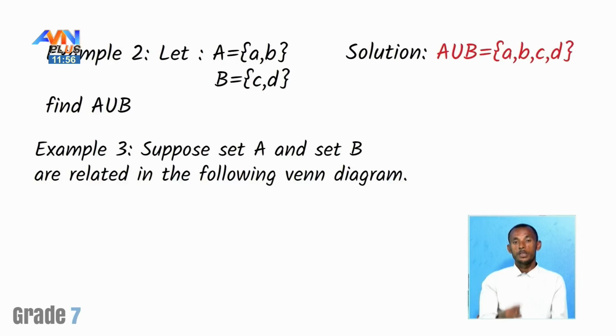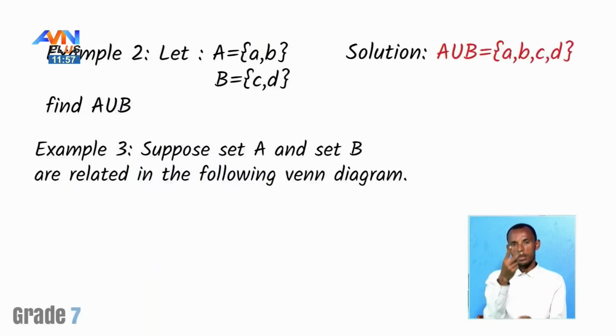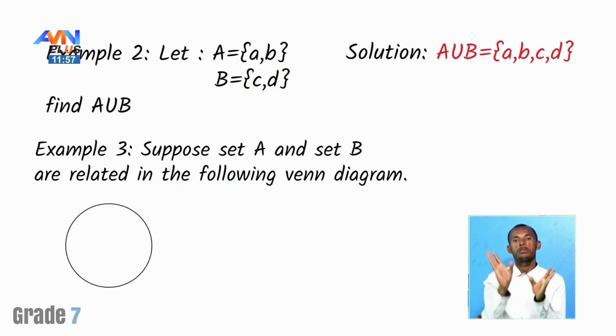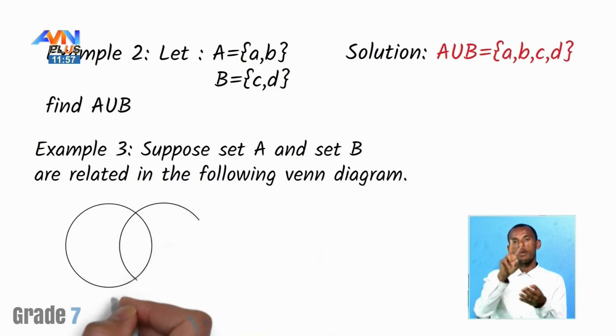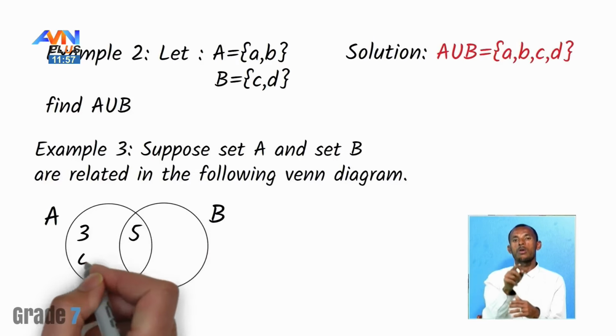In the following Venn diagram. Okay, let's take the two sets. Set A and set B are related by this Venn diagram. Set A is here, set B is here. Now, set A, here you have these elements.